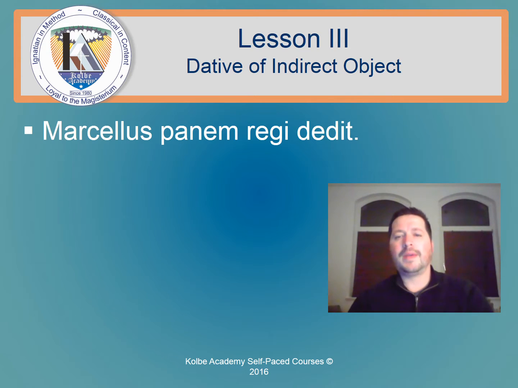This one may not be so easy to tell, but hopefully you're spotting where the nominative is, Marcellus, of course. Then you go to the verb, dedit. And then we have an object, panem, and then we have this dative, regi. So that's the indirect object.